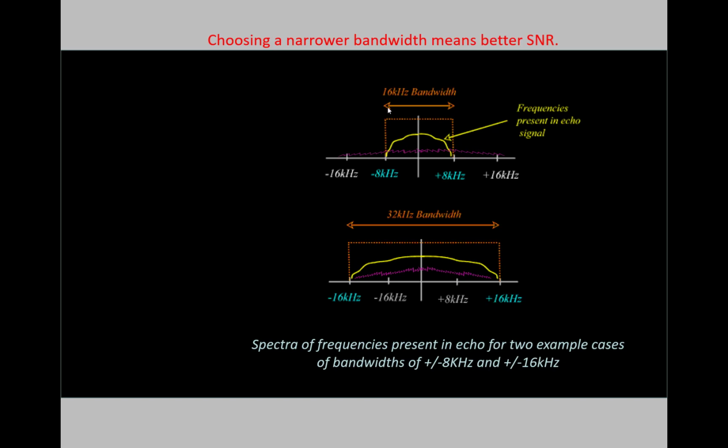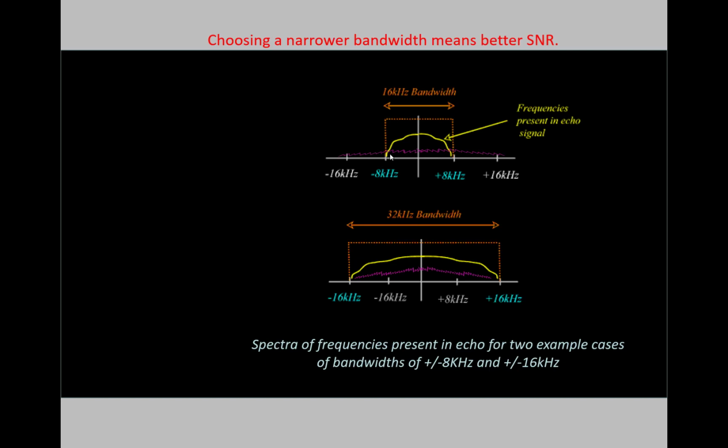So within our 16 kilohertz bandwidth in this case, as well as the signal that we're showing in yellow, we'll also pick up noise. In other words, data or information that's really got nothing to do with the image. And that's going to appear in your image as poor signal to noise, as granularity, as noise on your picture.